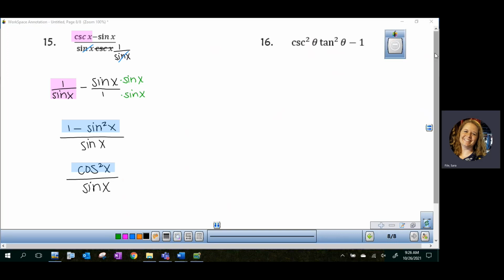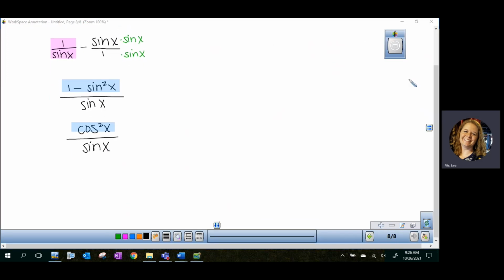What do y'all think about this though? What could I do from here? I do see a quotient ID, but what's different about this one? The numerator is squared. Is the denominator? No. So let's think about this. Cosine squared literally means cosine times cosine, right? And it's over sine.